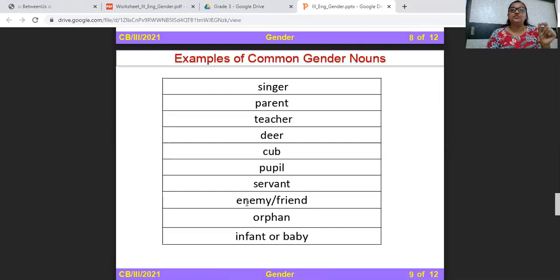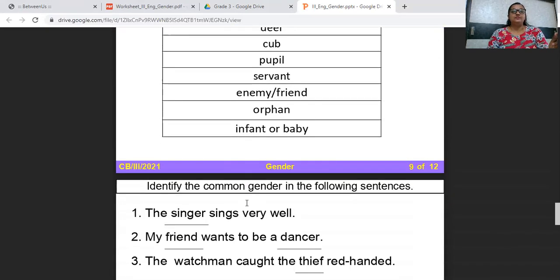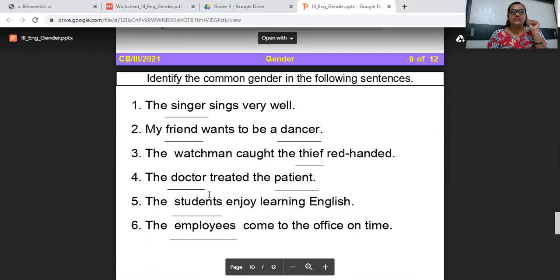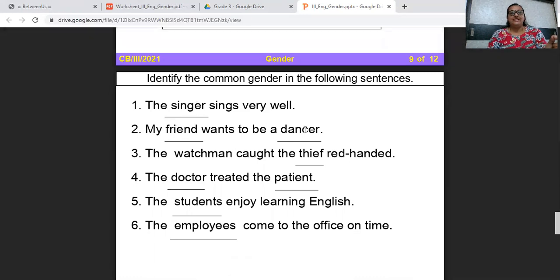These nouns are used both for male and female. Here we have a small exercise where all the common gender nouns are underlined. They are singer, friend, dancer, thief, watchman. What kind of gender noun is this? Yes, masculine gender. That's why it's not underlined. Doctor, patient, students, employees. All these words are more examples for common gender.